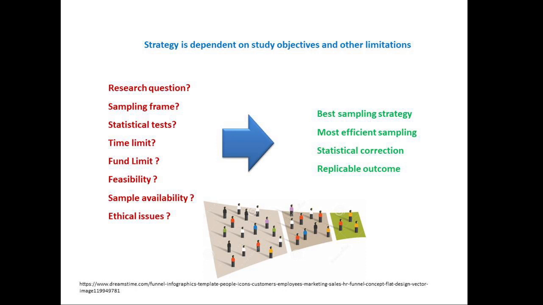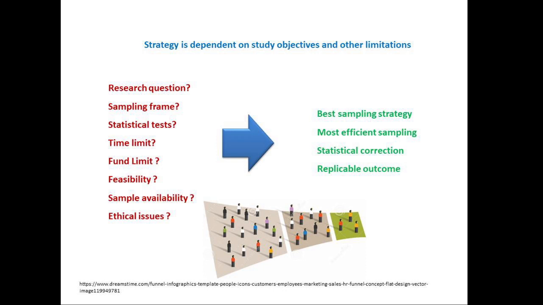Ultimately, it should give you the best sampling strategy, the most efficient sampling method, a statistically correct and replicable outcome. The outcome you get must be replicable. So if you have performed a study in the Indian population, and I perform the same study at the same location, the outcome should be replicable.